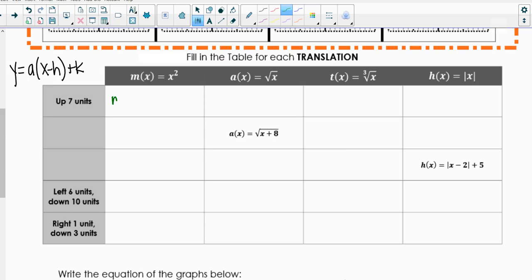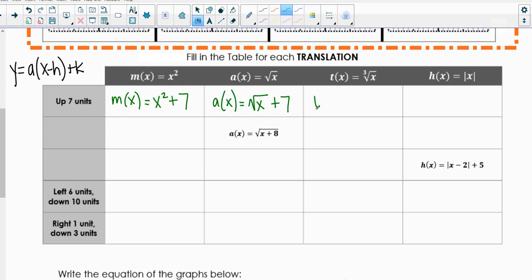So this would be m of x equals x squared plus 7. If that's the only thing that's happening, then you have that plus 7. So the only thing that changes going across the board is the parent function. A of x: if I want to move it up 7 units, well, it's starting as the square root of x graph, but I want it up 7 units, so I'm going to add 7 on the outside as a k value.